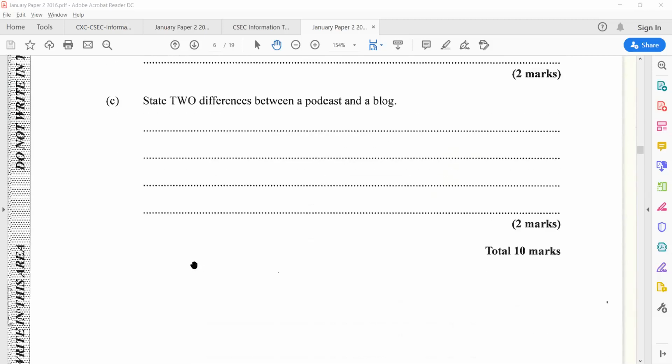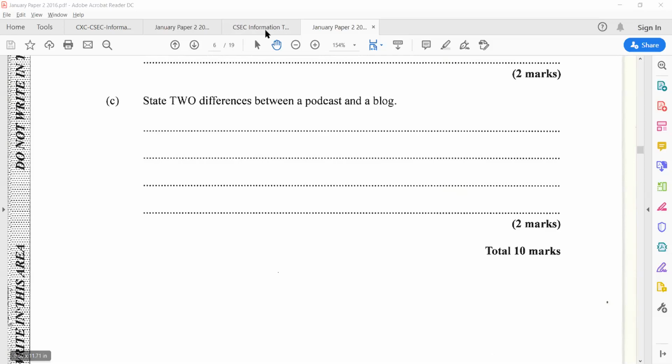Part C to that question is to state 2 differences between a podcast and a blog. So could anyone identify differences between a podcast and a blog?